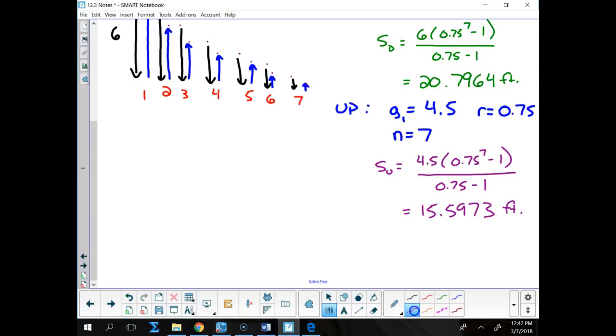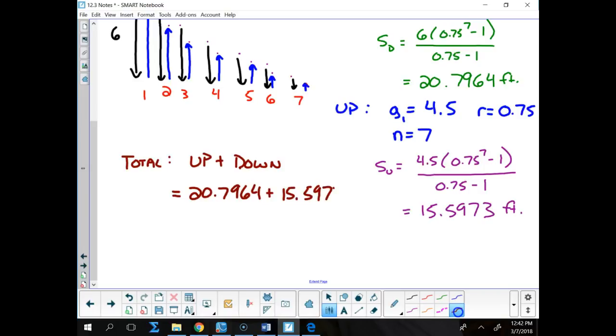Right? So my total distance is going to be the amount of feet that went up plus the amount of feet that went down. So that's going to be 20.7964 plus 15.5973.